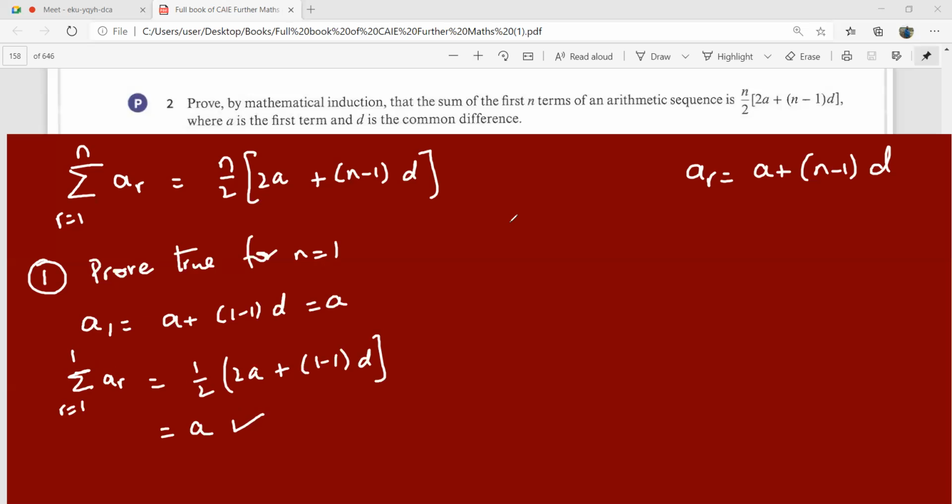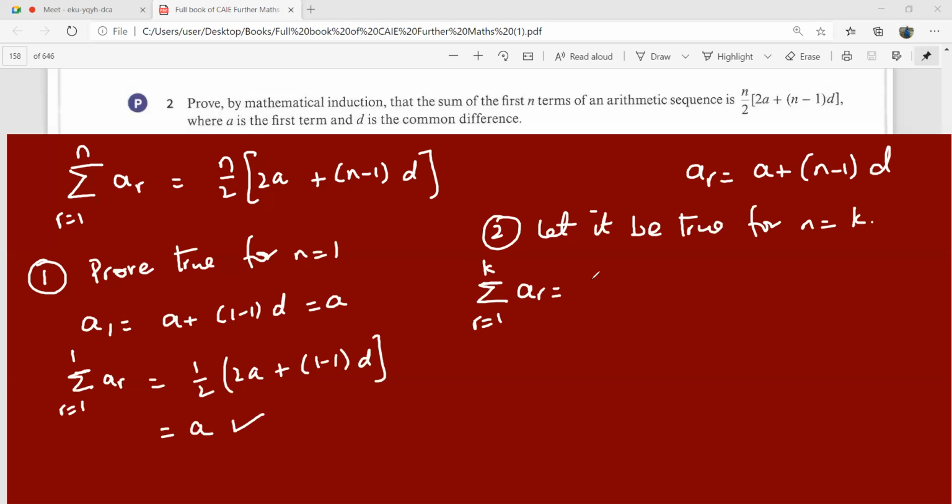So you have shown that this is true for n equal to 1. And now in the second step, you would say, okay, let it be true for n equal to k. So your sum from r equal to 1 to k of a_r is going to be k by 2 into (2a plus (k minus 1) into d).